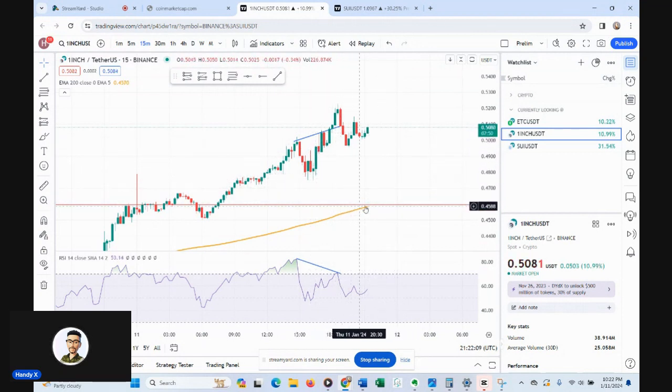It's very simple. First, I've already drawn my line, and I said we're looking for a bearish divergence. What is a bearish divergence? When the red candle covers the green candle, it automatically becomes a bearish divergence. And we're on the 15 minutes time frame right now.